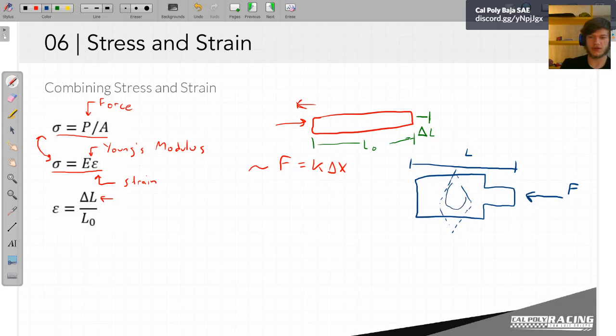I'm just going to assume it's something like a triangle, circle. Sure, we'll call this a triangle cross-sectional area. So we know A, we know L, we know our geometry, we know the force on it, and we know what material it is. So we know this Young's modulus, this material property.